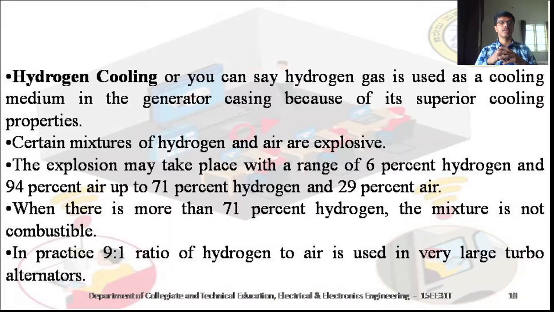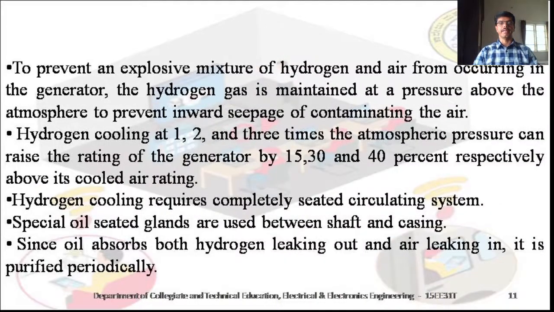That is the major disadvantage. Therefore, in usual practice, the ratio adopted is 9:1, that is 9 parts hydrogen and 1 part air, to cool very large turbo alternators. Also, in order to prevent this explosive mixture of hydrogen and air occurring in the generator, the hydrogen gas pressure is maintained above atmospheric pressure.